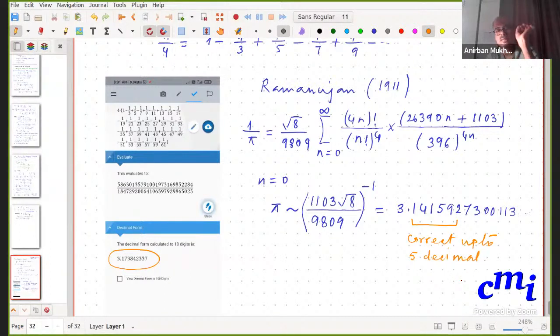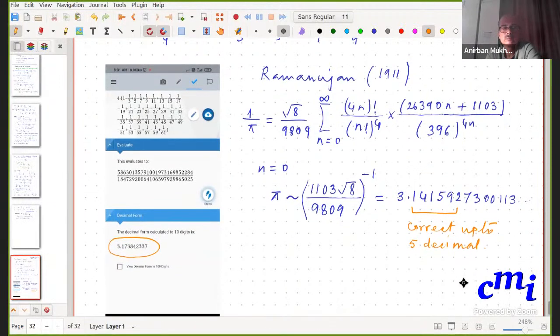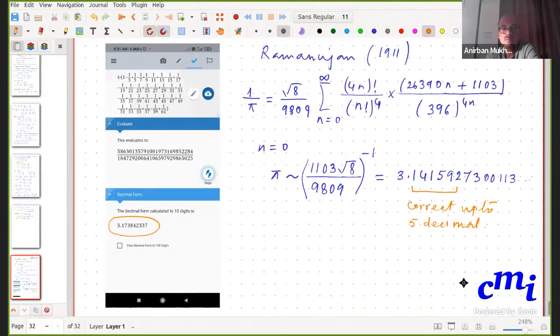Just the first term itself. So if you take a few more terms, we are going to get many decimal digits. So very powerful formula.